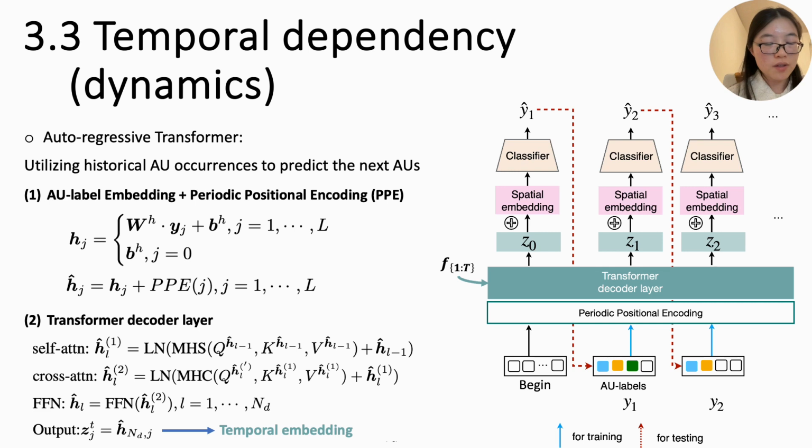Then we apply self-attention on the AU embeddings, and then cross-attention between the AU embeddings and the extracted feature from the last slide. The fused features are then fed to the feed-forward network to generate the output, which is denoted as the temporal embedding.